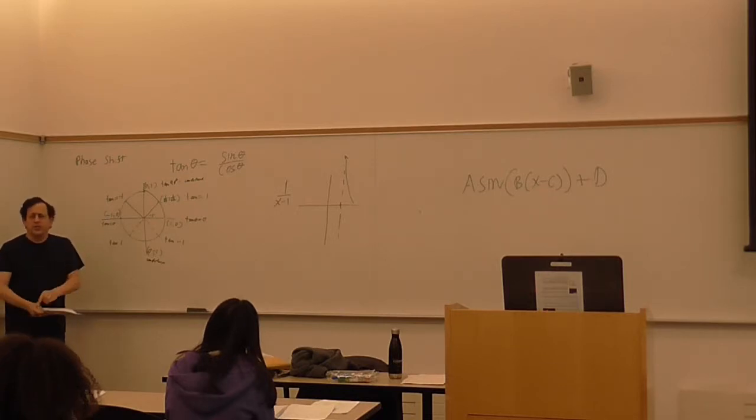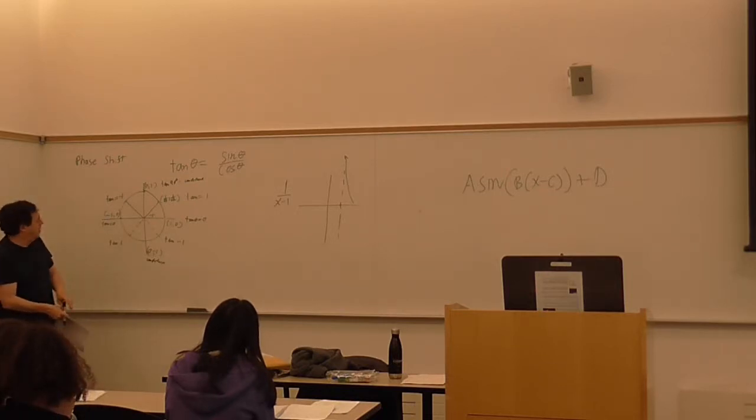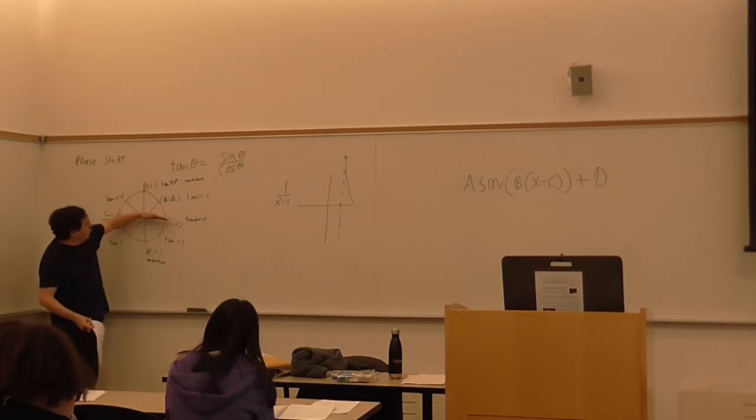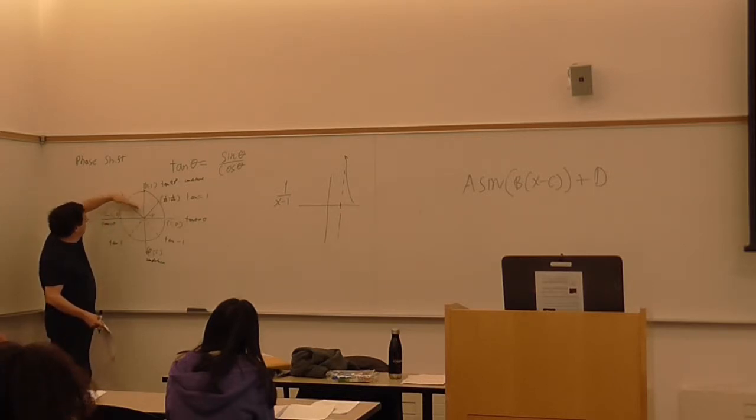So what I want you to notice is that I haven't put in enough values really to see this clearly, but we start at 0, we move up, we become undefined, right? Then we're negative, and we go back up to 0.